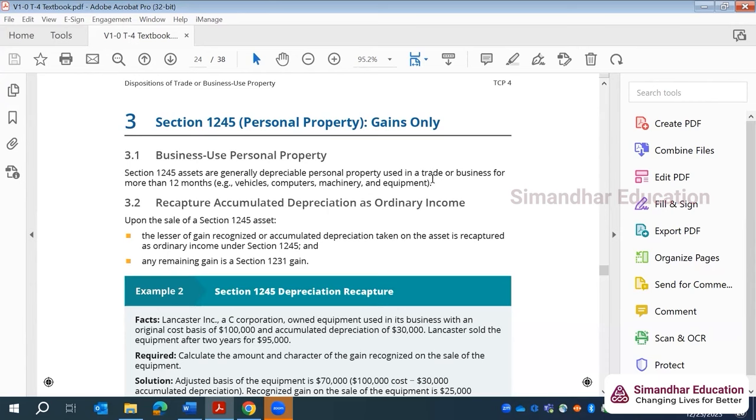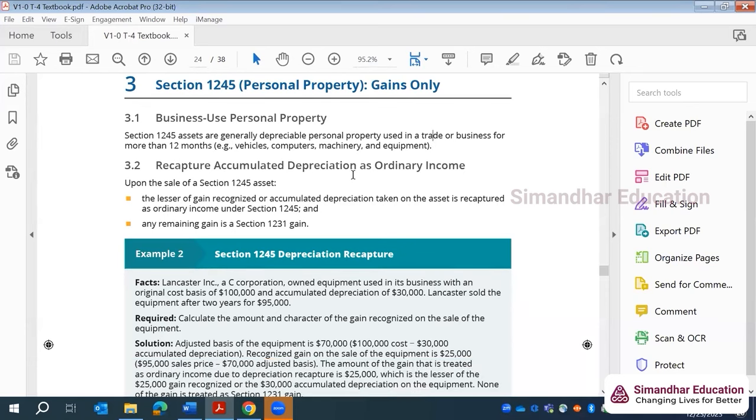I had bought the car for $10,000 and I'm selling it for $12,000. So the $2,000 of gain is over and above my purchase price. That is going to be Section 1231 gain. And what is the character of that gain? It's a capital gain for me.